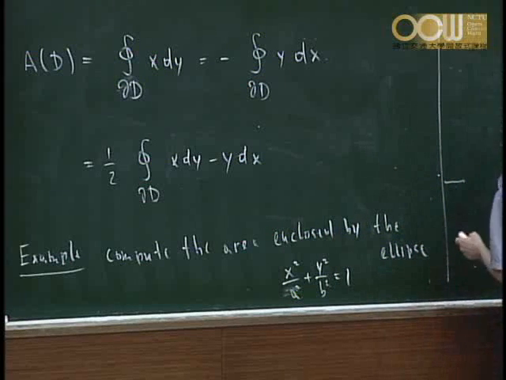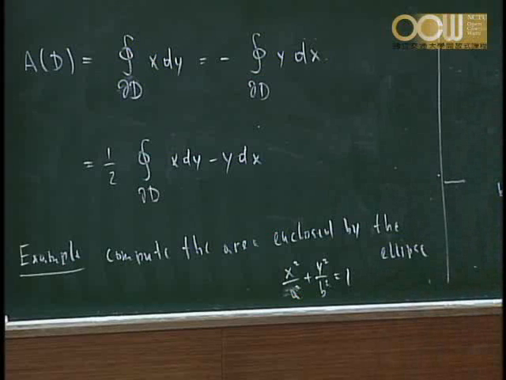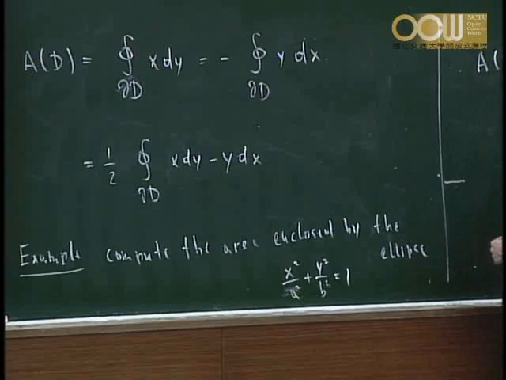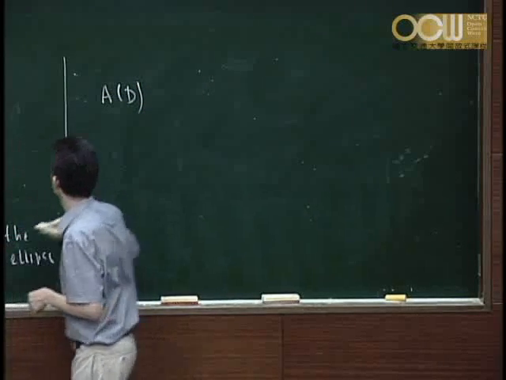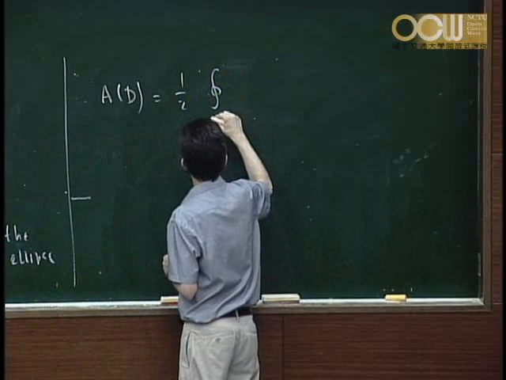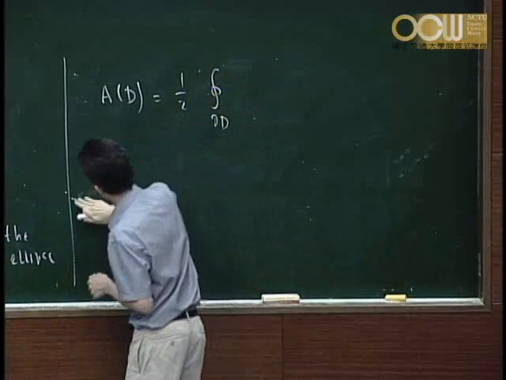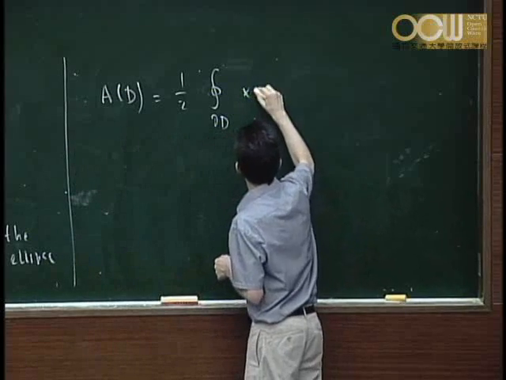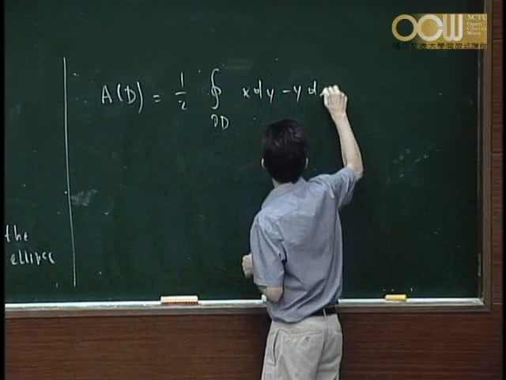Okay, so you can use Green's theorem in order to express the area. For instance, you can choose this form here: 1/2 times the integral over the boundary of D of x dy minus y dx.